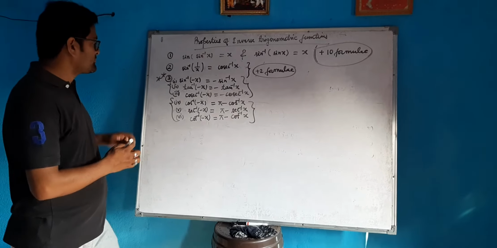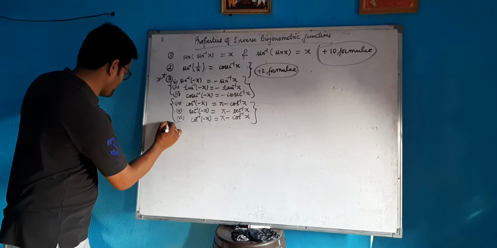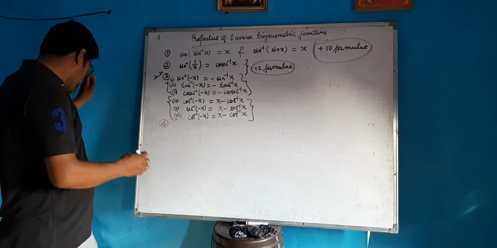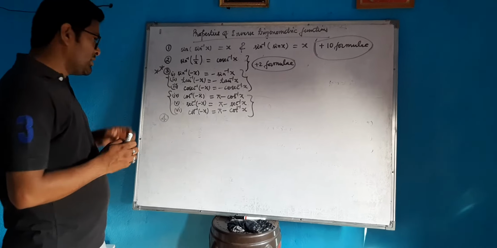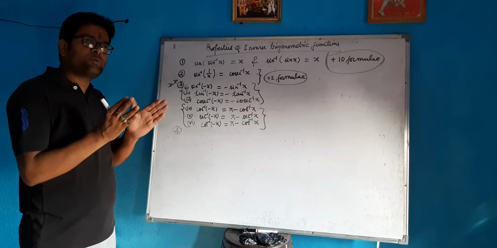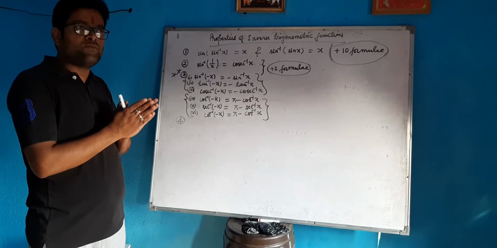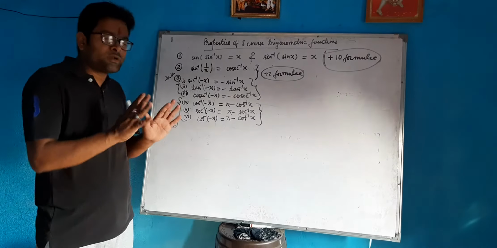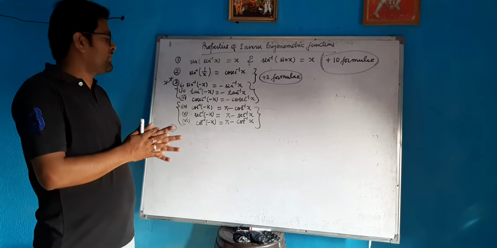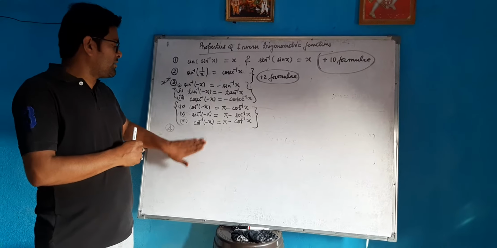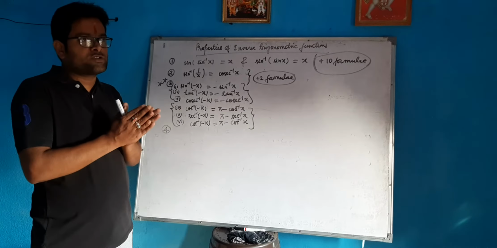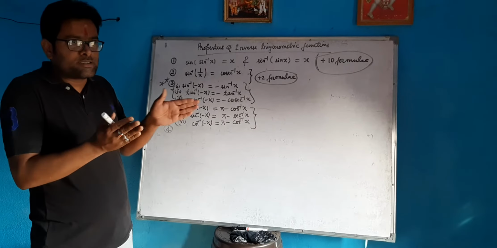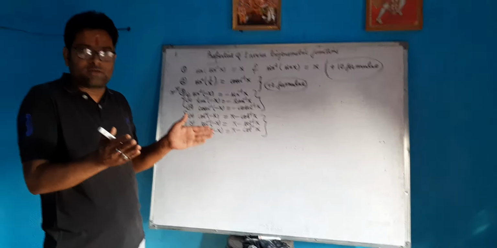Okay. Now the fourth category of formulae: the inverse trigonometric functions whose sum will be equal to pi by 2. Those trigonometric functions you have already studied, like sine of 90 minus theta is cos theta, a class 10 level concept.